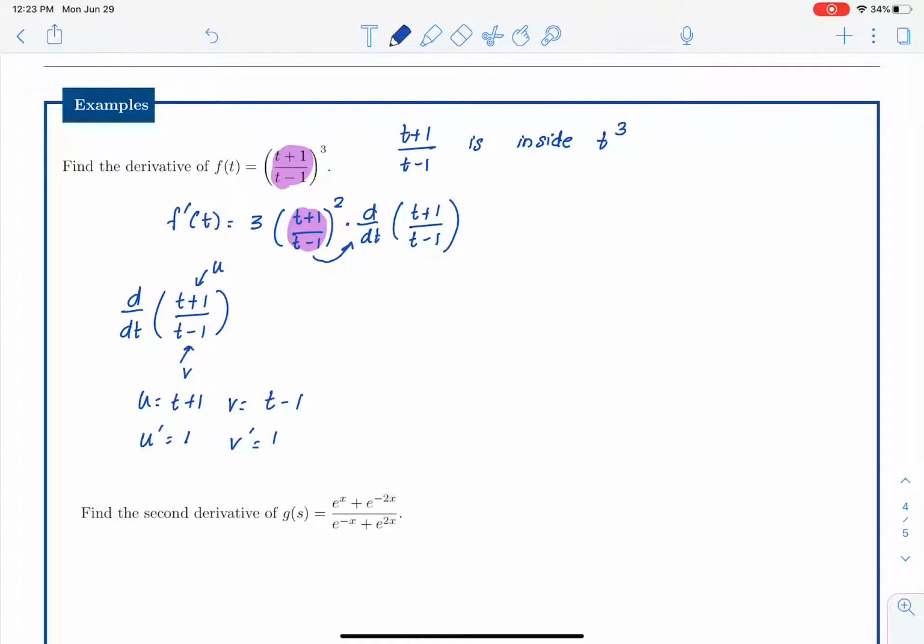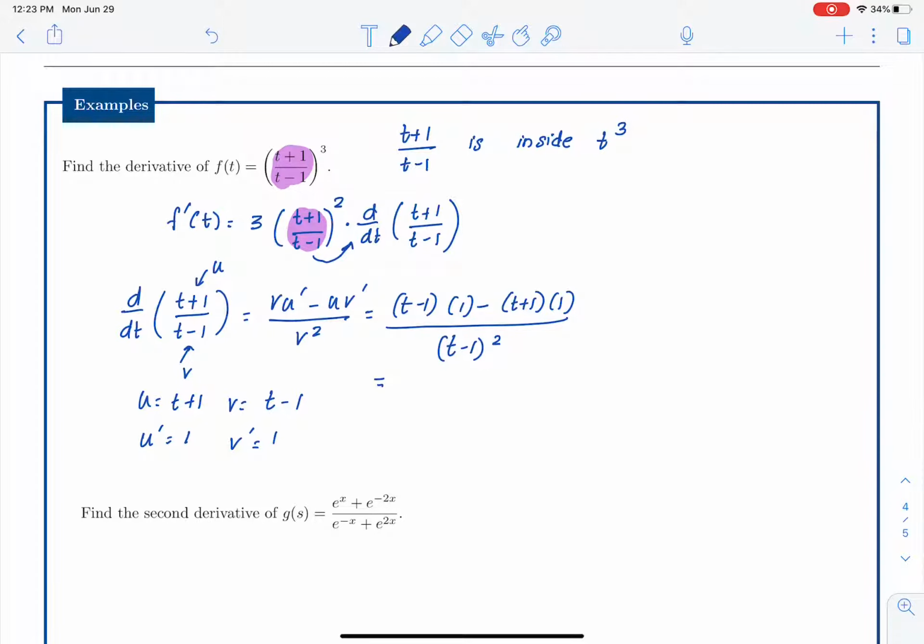So the formula here is v u prime minus u v prime, divided by v squared. So that would mean we have t minus 1 times 1 minus t plus 1 times 1, divided by t minus 1 squared.